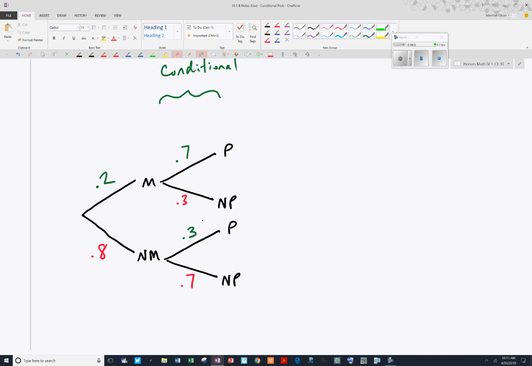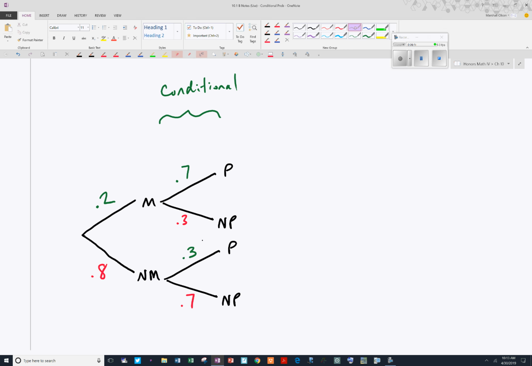Okay. So now the next thing that we were going to do here is put the and probabilities. These are the probabilities found just by multiplying through the branches of the tree diagram. So the probability that you get peas and you did get meatloaf is 0.14. I'm going to put these a little bit closer here.